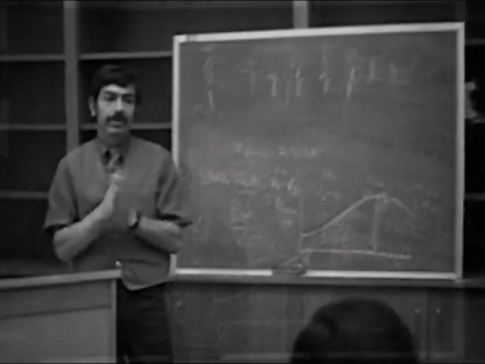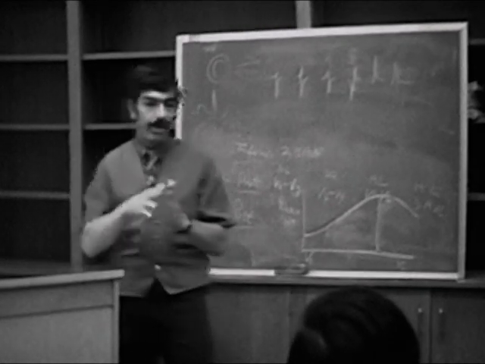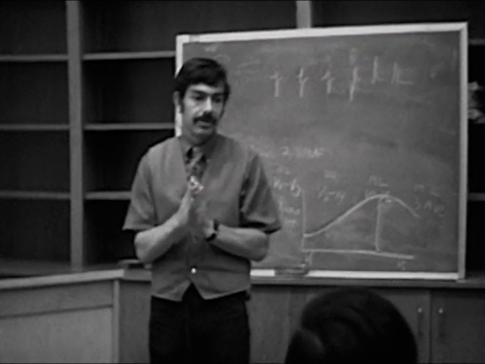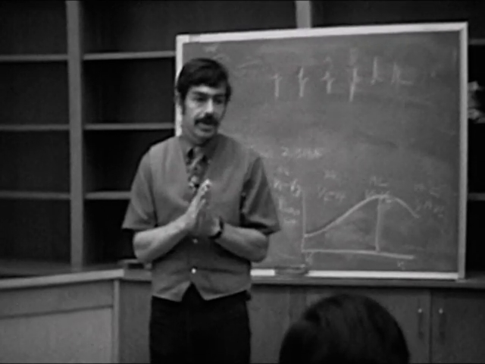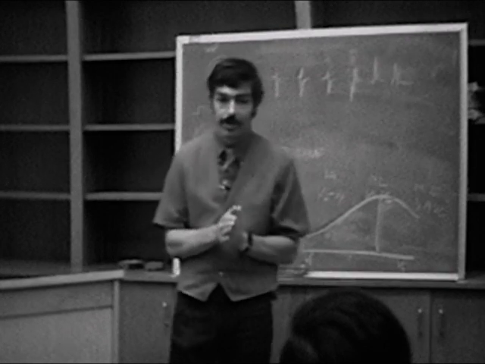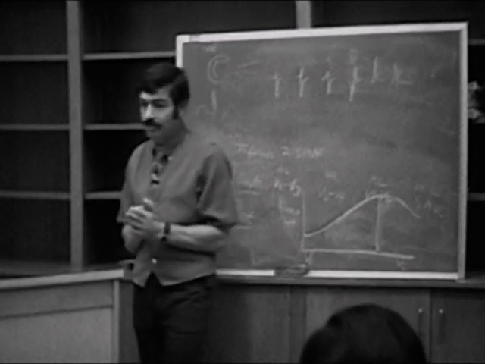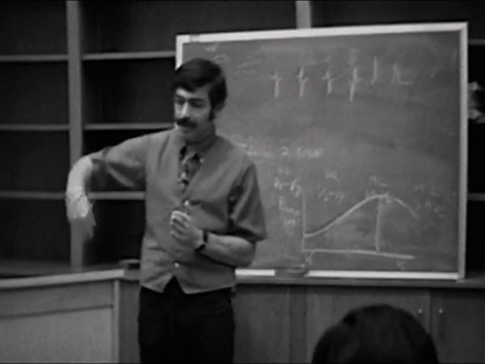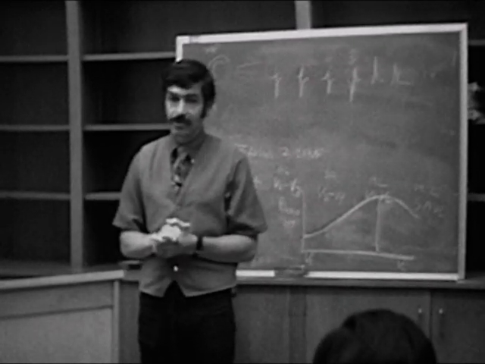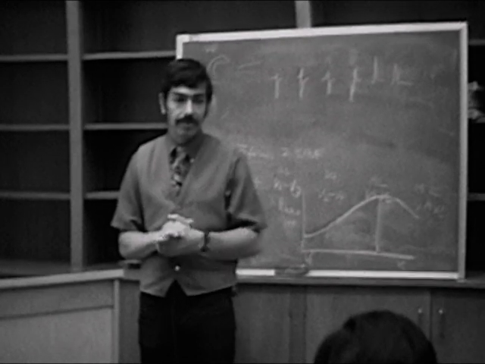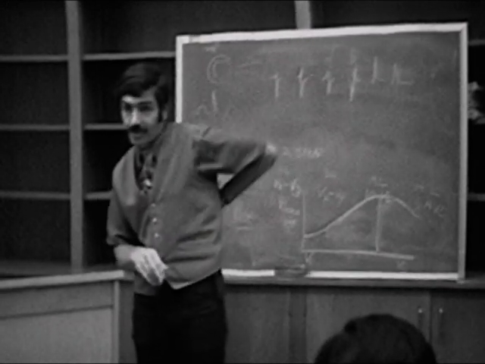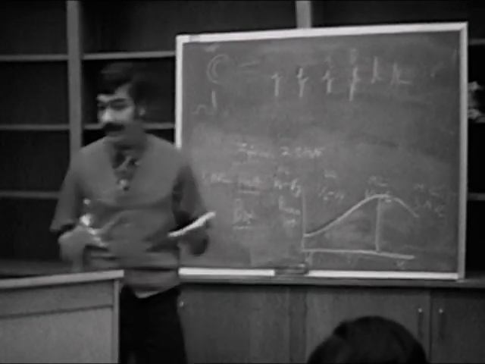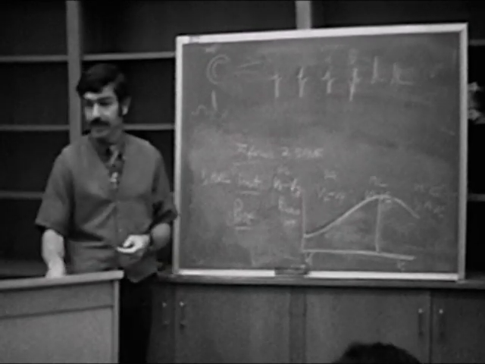Whichever vessel supplies the posterior wall of the heart is called the dominant vessel. In man, the right coronary is usually dominant. In other words, the posterior wall of the heart in man is supplied by the right coronary in 85 to 90% of cases, 10% by the left, by the circumflex as it comes around, and about 5% of cases by both. In that situation it's called a balanced circulation.